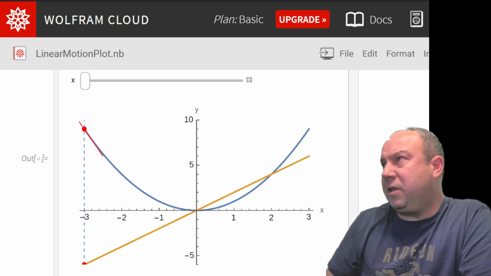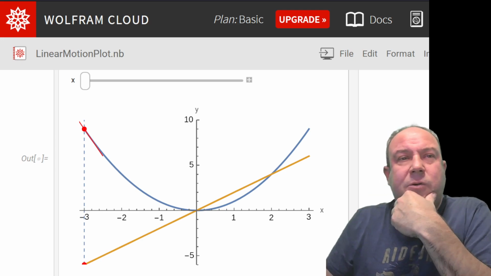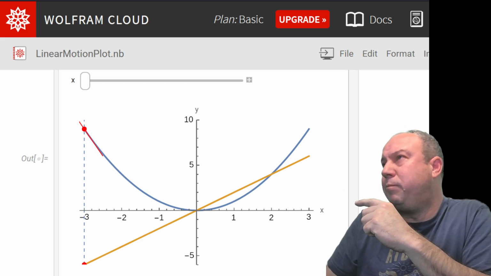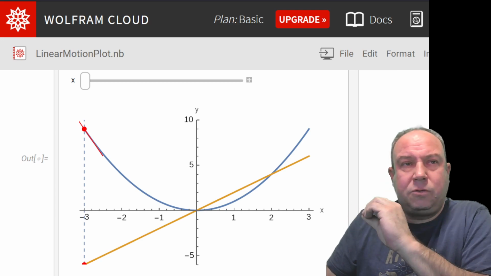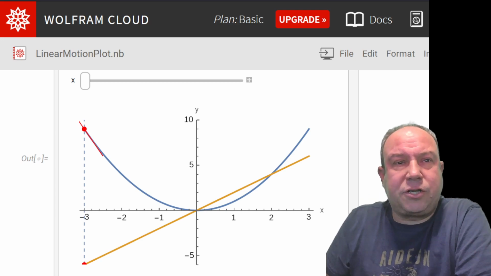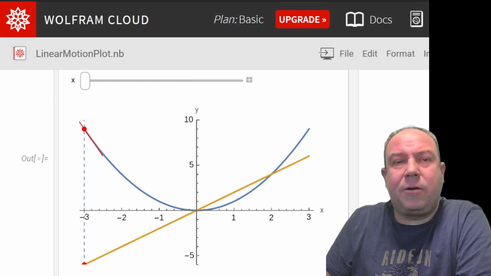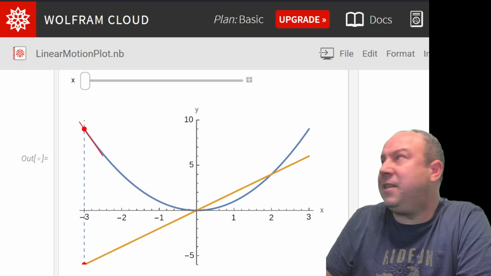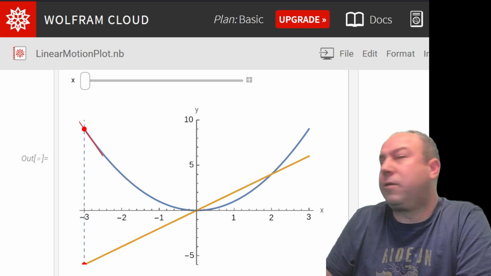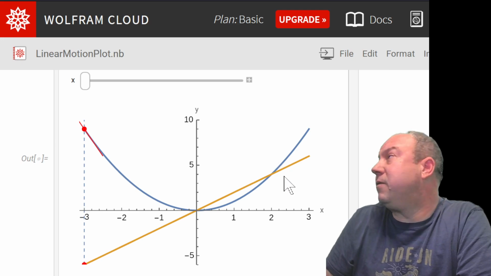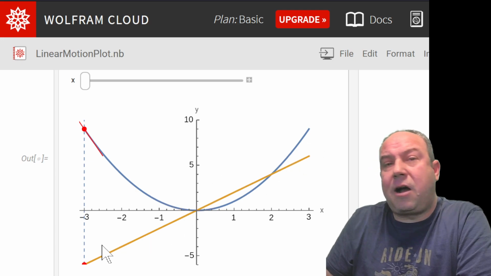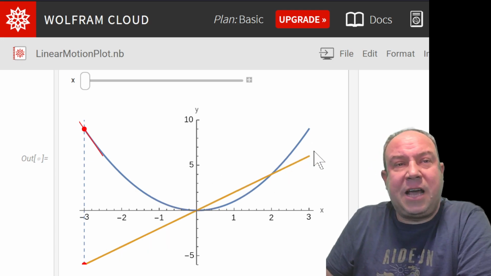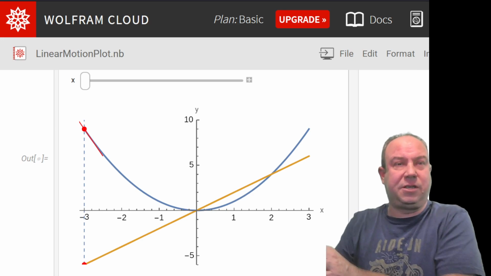I adjusted it so it shows the illustration that's in your notes. Here's the square function in blue, x squared, and here is its derivative function 2x in yellow.